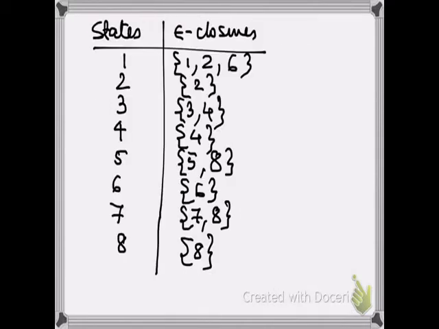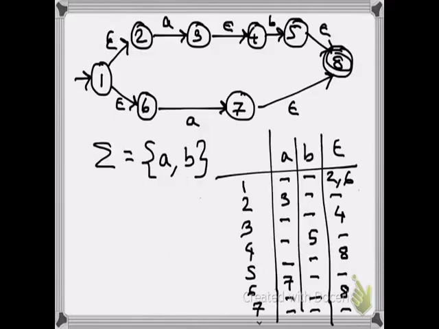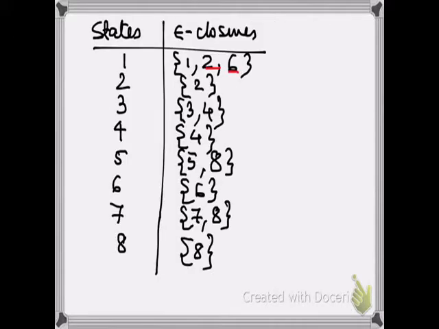So 2 and 6 are included here, and 1 because the closure always contains the state itself. Similarly for 2, it does not go anywhere on epsilon, so it is only 2. Similarly for 3 it is 3, 4, and so on. So we have constructed the epsilon closures of each of the states of the NFA.